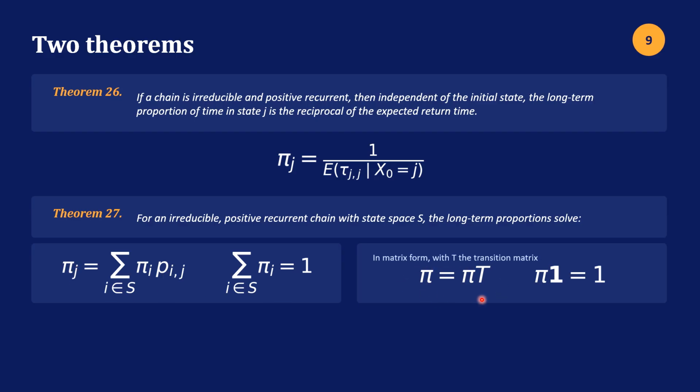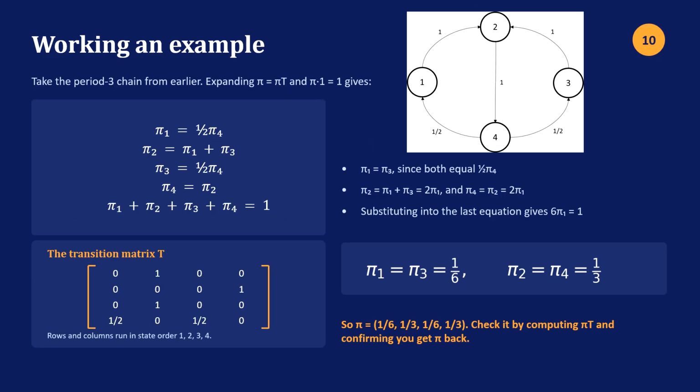So let's see how to use these on one of our previous examples. We'll do that on the next slide. So here's our example that we saw earlier, and I just wrote this Markov chain in terms of the transition matrix.